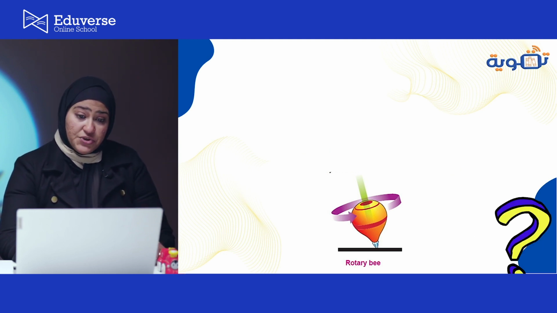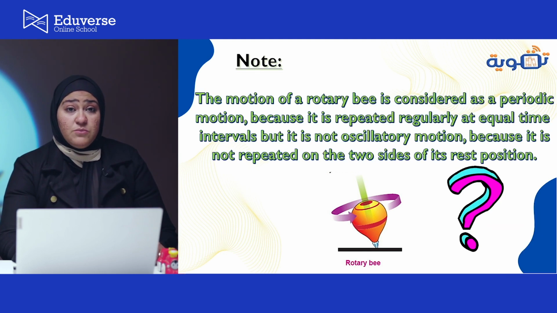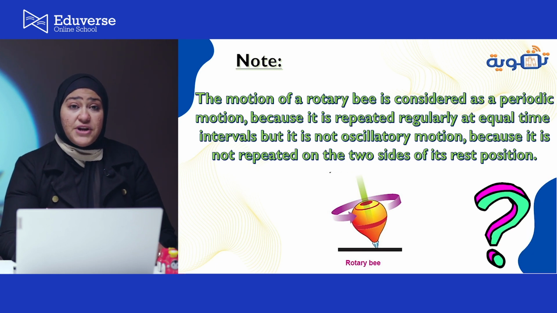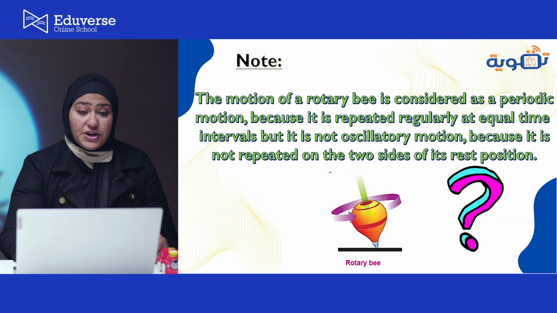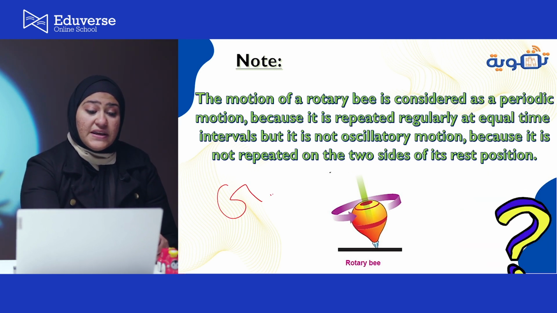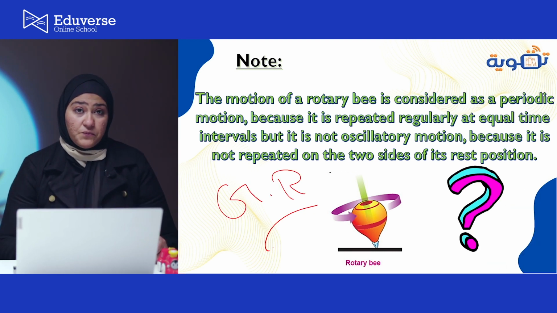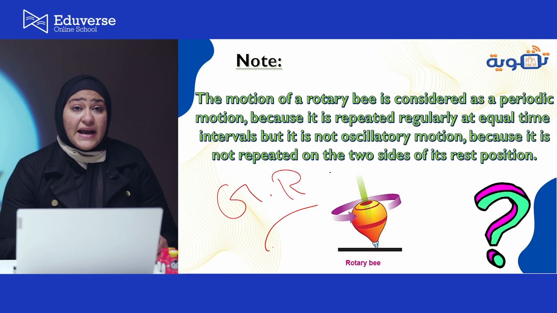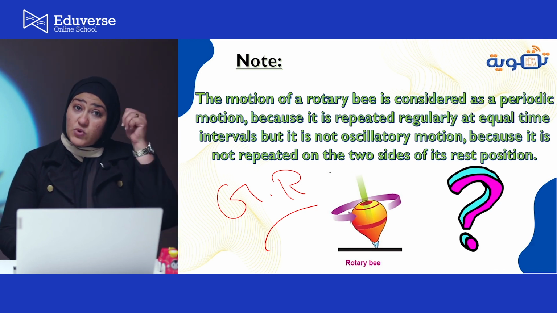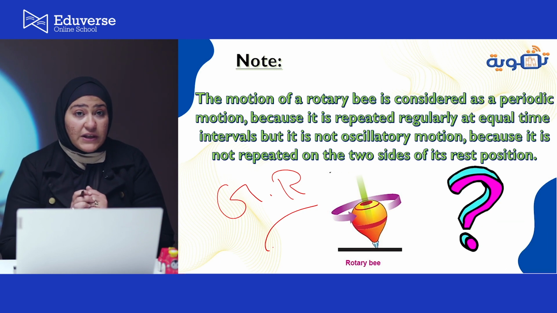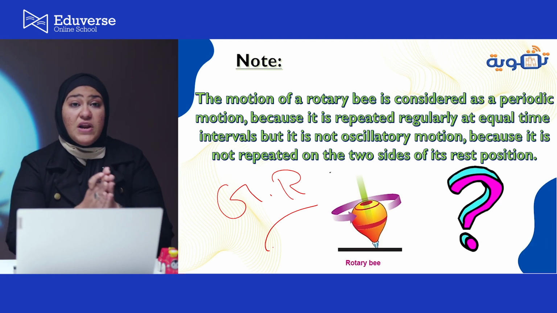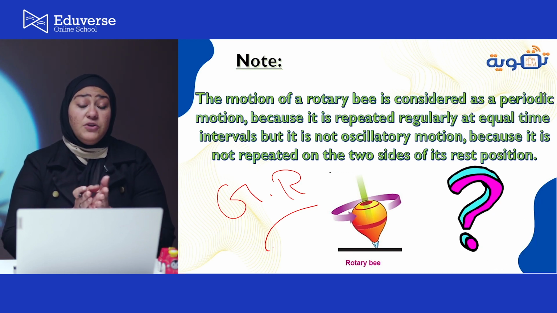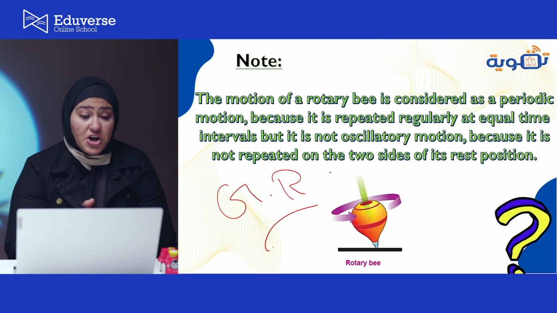Let's see this question. The motion of a rotary peg is considered as periodic motion, but not oscillatory motion. It's a very important give-reason question. Why? It's considered as periodic motion, like we said before. Periodic motion means the motion which is regularly repeated at equal periods of time, but it is not considered as oscillatory motion.